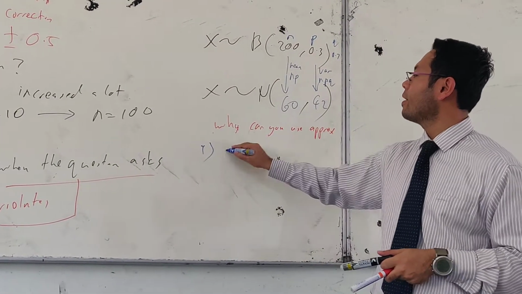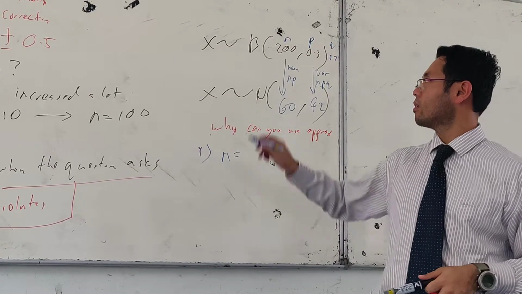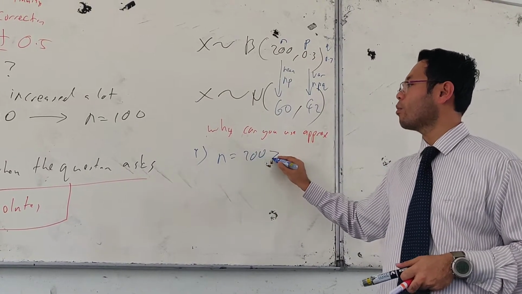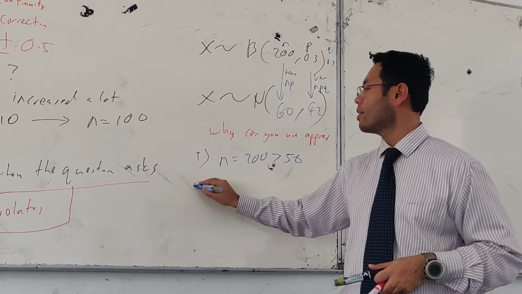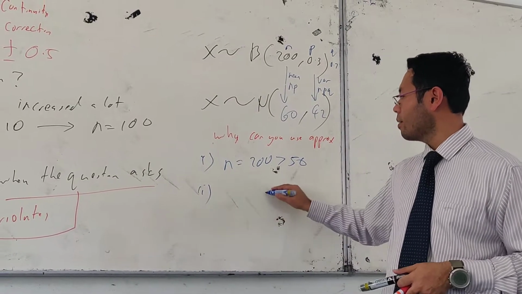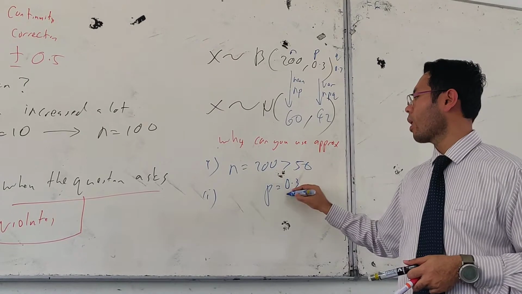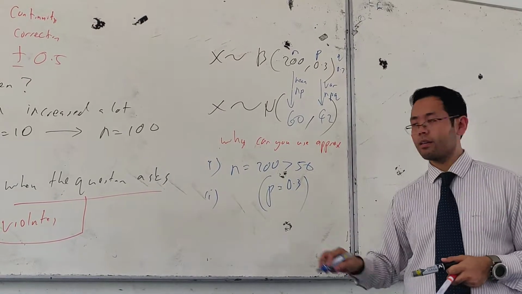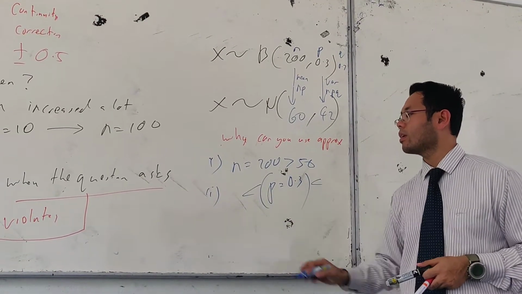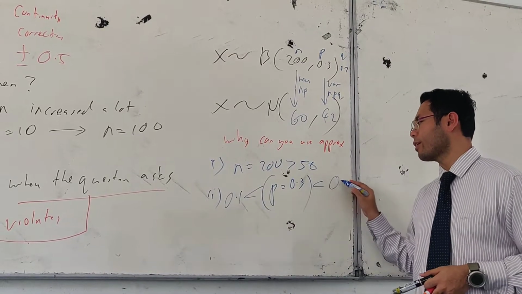Okay, so firstly you answer that. Firstly, my n right now is 200, which is more than 50. Secondly, my p is equal to 0.3, and my p right now is between 0.1 and 0.9.